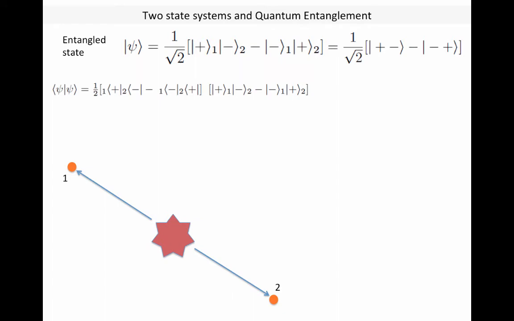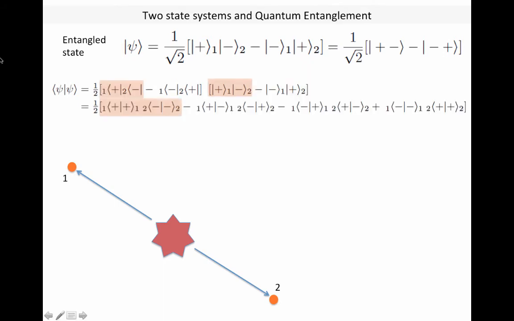With that information, we can check that this entangled state is properly normalized. So taking the inner product of this state with itself, the bra version of the state is given here, and that's multiplying the ket version of the state. Multiplying out these brackets, you get 4 terms.